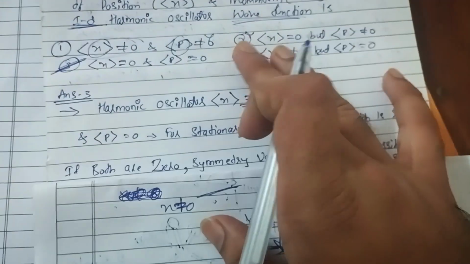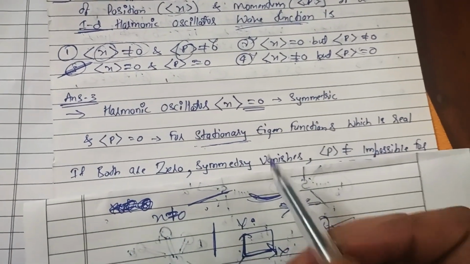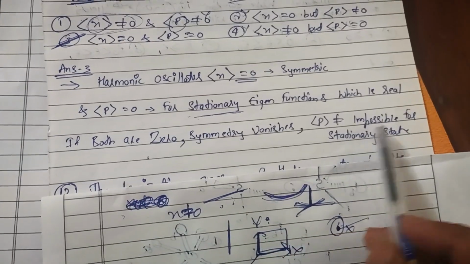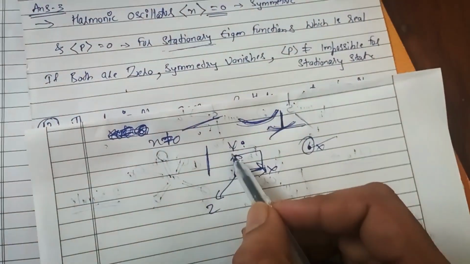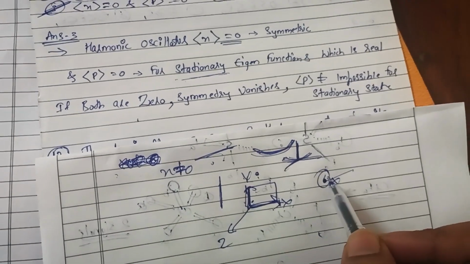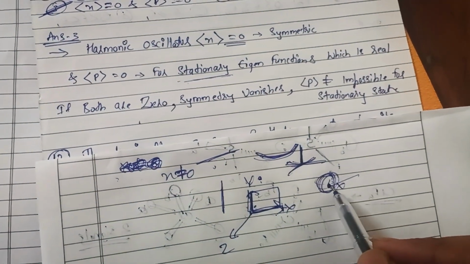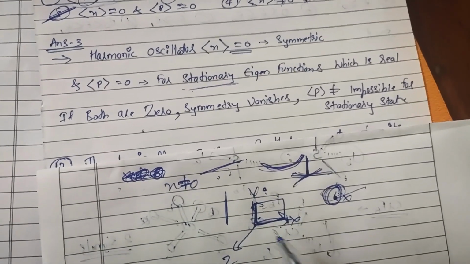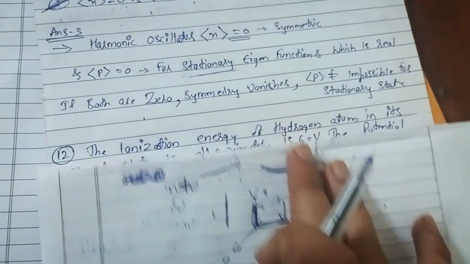Next, a stationary state wave function which is real: it is impossible for both to be non-zero, since it would be in motion, not at rest, hence both will be in the 0 state.